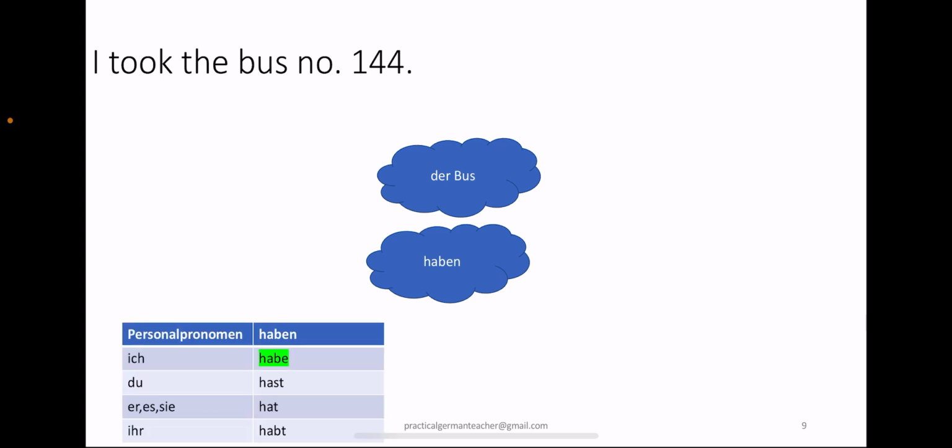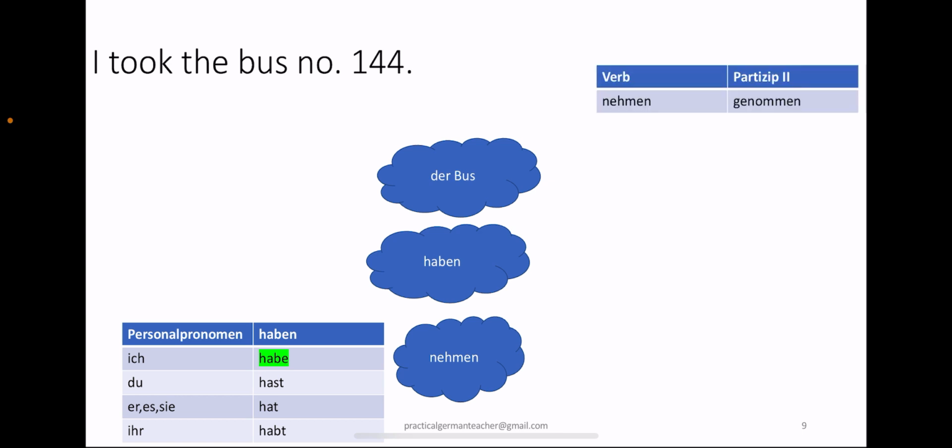So yes, the conjugation table for it, I have already highlighted habe because here we are using I, which is ich, so ich habe. Then to take, again there can be many different German verbs which mean take, but here the most appropriate one is nehmen. But anyhow, you will be using only its participle zwei, which is genommen.